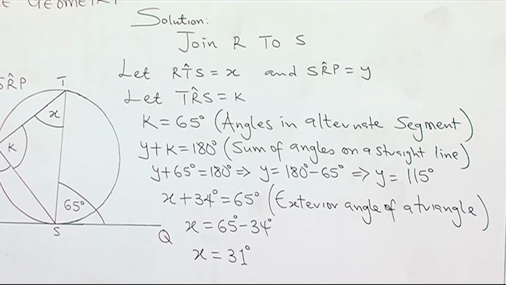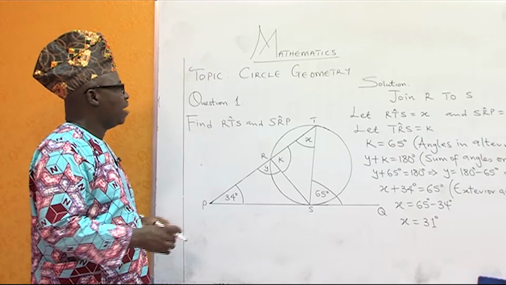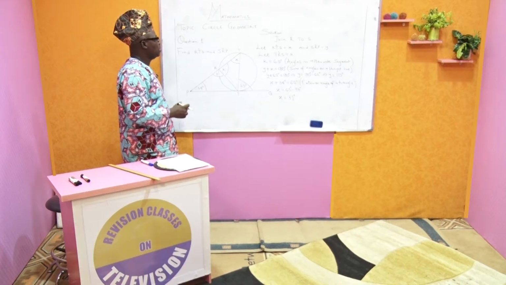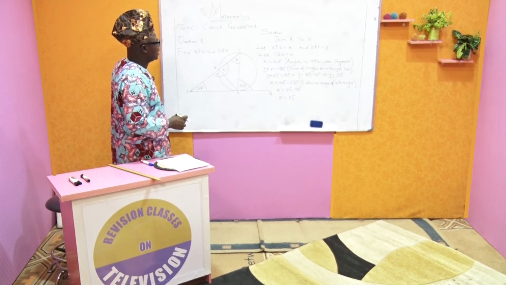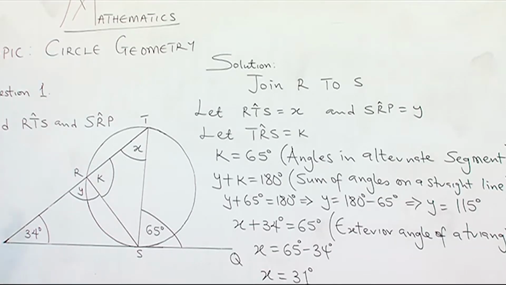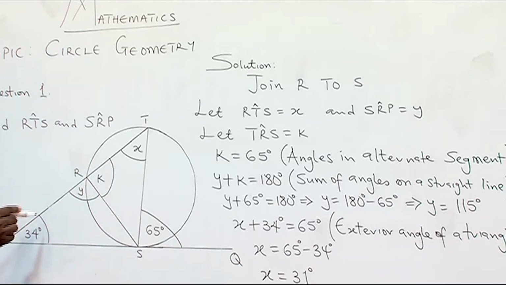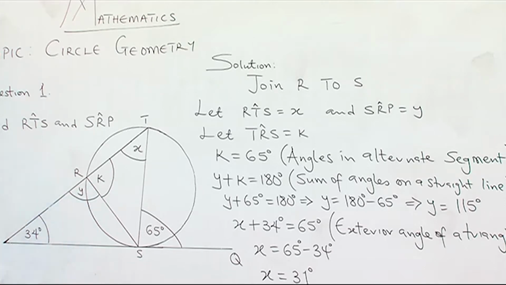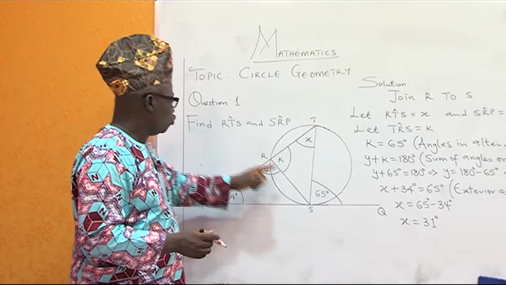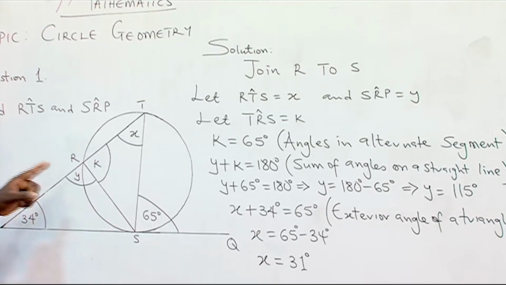We've been able to find the value of X that represents angle RTS, and we have also been able to find the value of Y that stands for angle SRP. Looking at this question, I have to join point R to S so that angle SRP can be pronounced. And after joining the 2 points, it is easier for me to find the angle SRP.